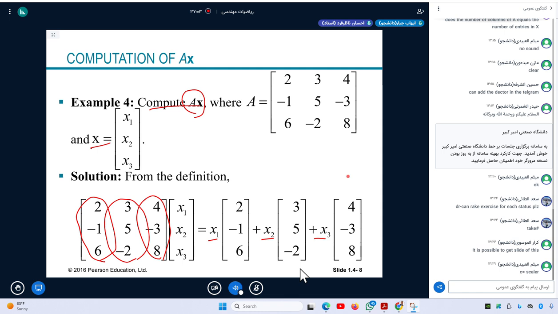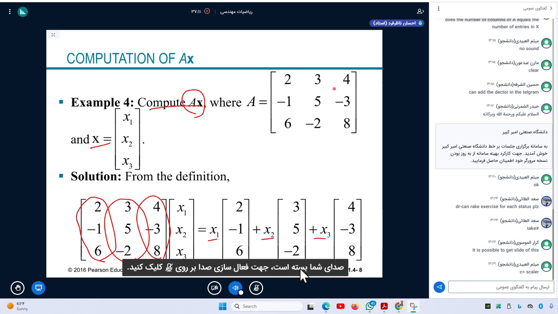Okay. So this example asks us to compute A times x. This is matrix A and this is vector x.